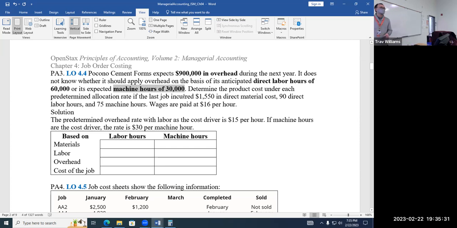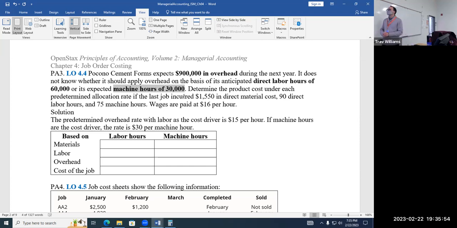It's up to the company, but really what they should go with is whatever gives the best allocation of overhead. If they actually do have $900,000 of overhead, then the question is how much gets applied to each job. That's what they're trying to work out.